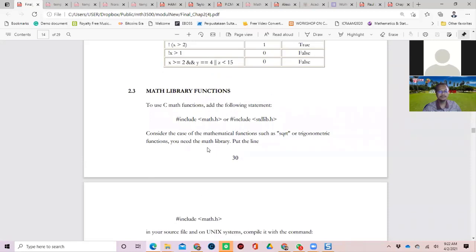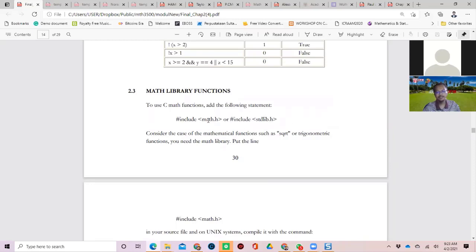Okay, go to the math library functions. When we use the math library functions, at the beginning of our coding you have to put the preprocessor include, hash include, followed by math.h or stdlib.h.